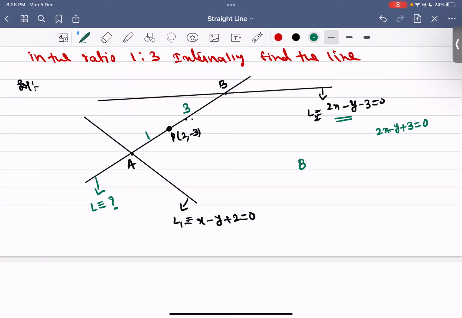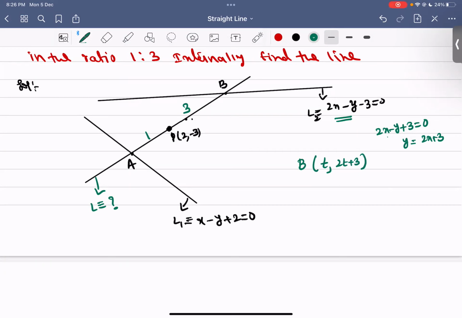So now how to take the point B. On the line 2x - y + 3 = 0, if x equals t, then you take the corresponding y value. If x equals t, then what is the corresponding y value? y is equal to 2x + 3, therefore 2t + 3.